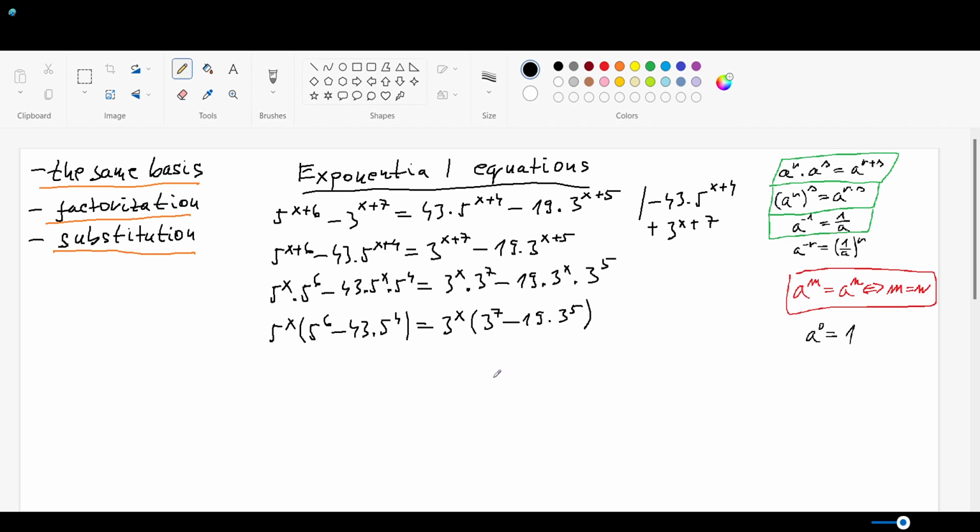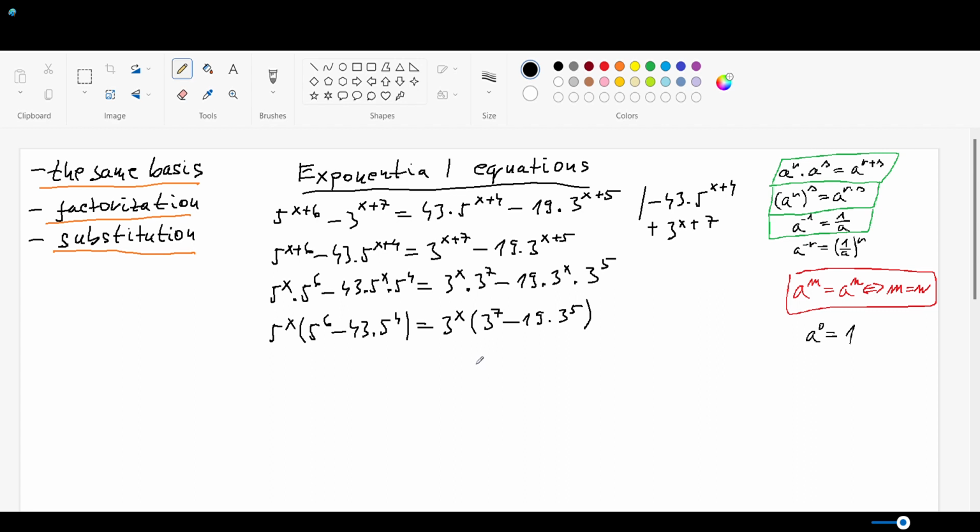Now if you have a look at this equation, I think it's easy to understand, and if you have watched my previous video, you know that we want to divide both sides by 3 to the power of x, and then by the expression in these parentheses.